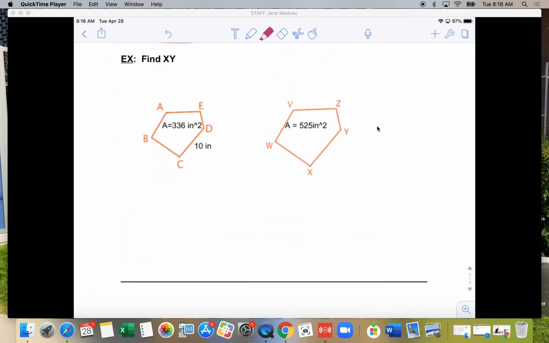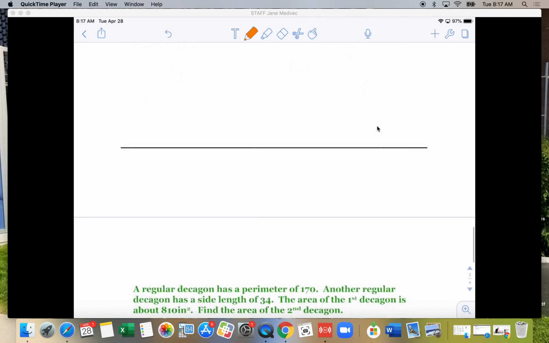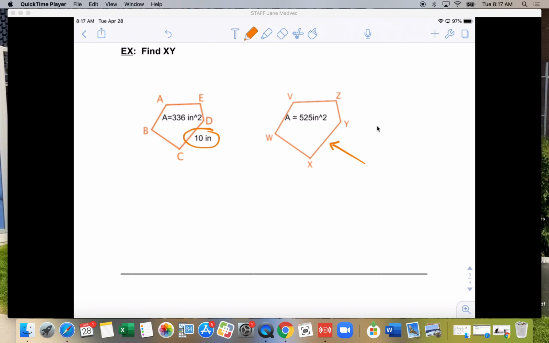All right, let's go down to this problem. You're going to notice that they gave us that this is 10 inches, but they do not give us the side length. They want us to actually find that side length, okay? And they gave us the area on the smaller figure and the area of the larger figure. So I'm going to go ahead and set up proportions.